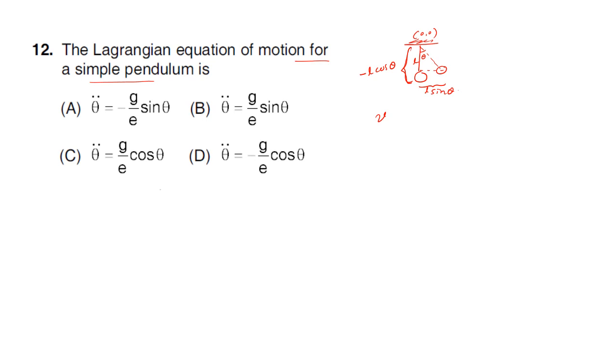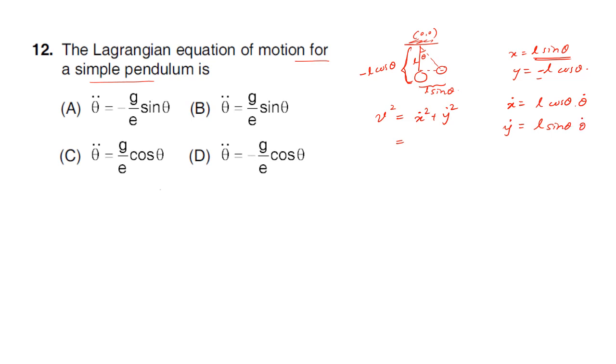Then v square is given by x dot square plus y dot square. x is L sin theta, y is minus L cos theta. x dot is the differentiation of L sin theta with respect to time, which is L cos theta into theta dot. y dot is L times the differentiation of cos theta, which is minus sin theta, so minus into minus gives plus L sin theta into theta dot.